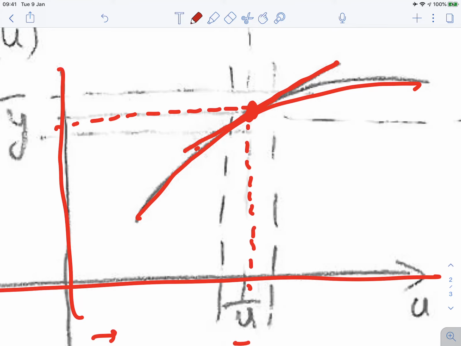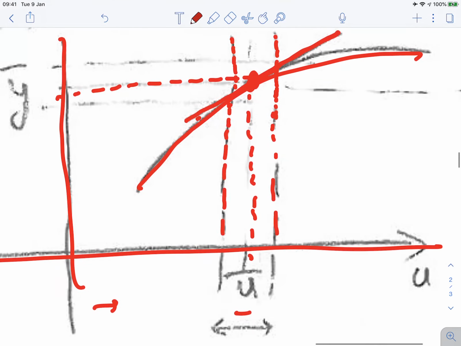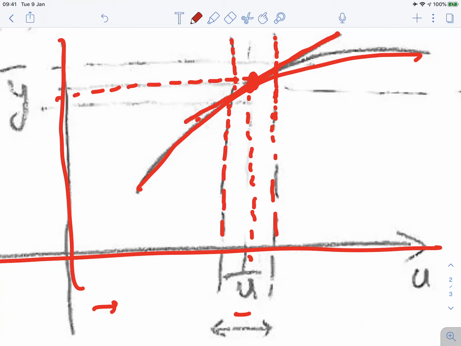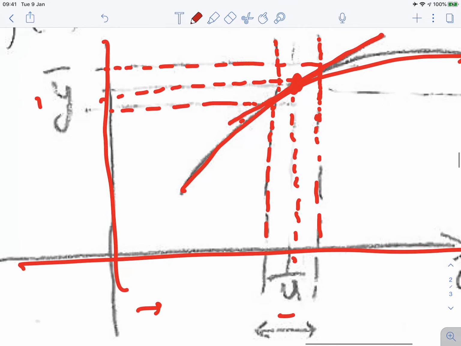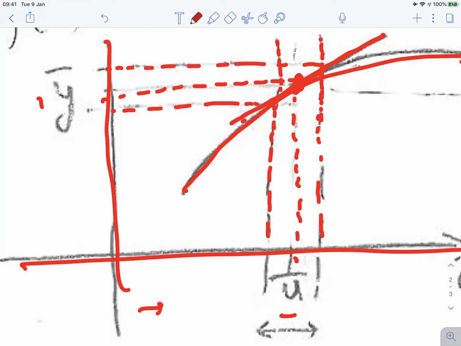What you would see here is that in the very close vicinity, this straight line actually overlaps onto this nonlinear function, or there is very little error. Okay, so let's mark these two points at the close neighborhood of u bar, and similarly these two different points. We will mark the region of the output around this y bar, which are our operating point.